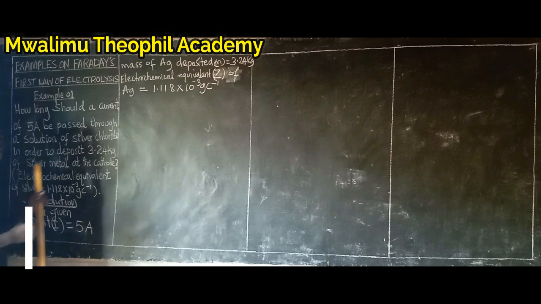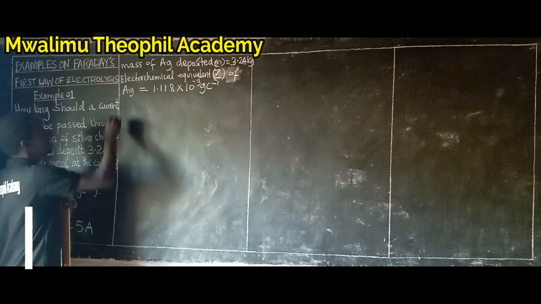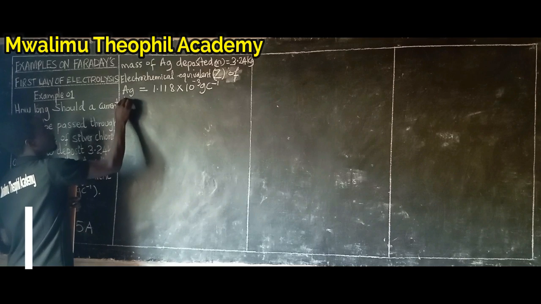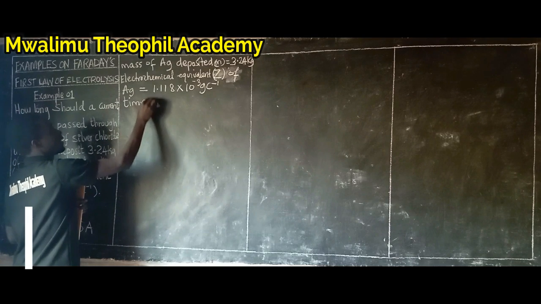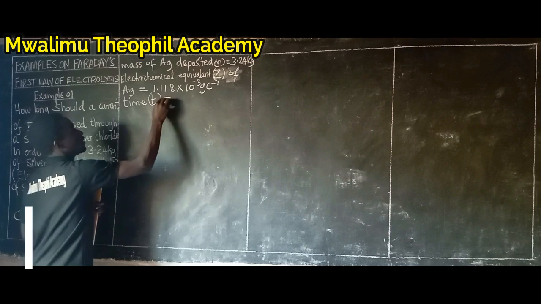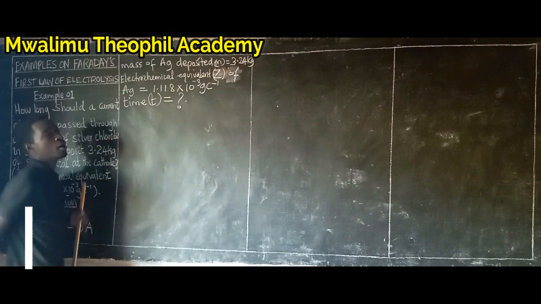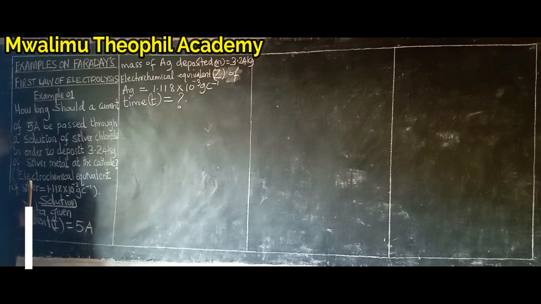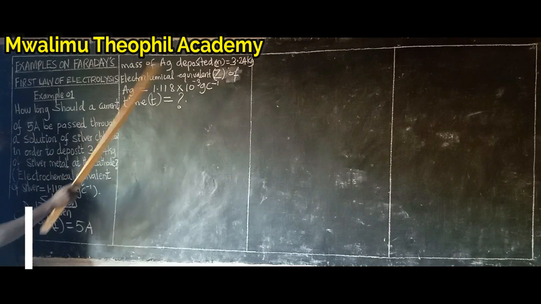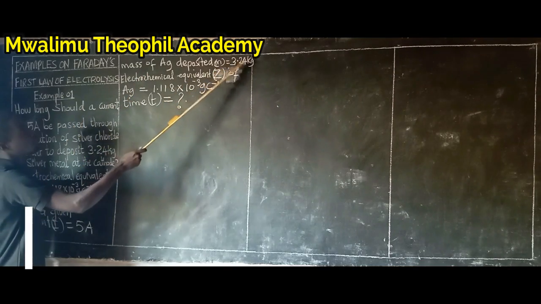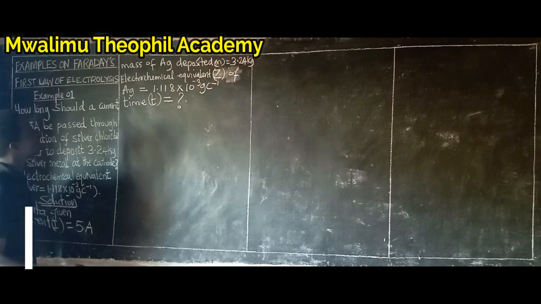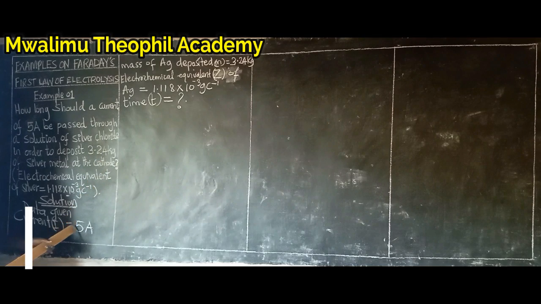Time T we are not given. So we are required to find the time for this mass of 3.24 to be deposited when the current of 5 ampere is passed through an electrolyte of silver chloride.